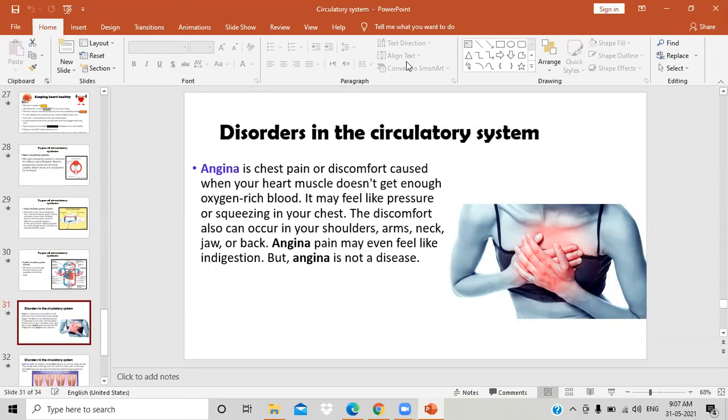People feel like their left arm is a little bit heavier, and it has this kind of pressure or pain which radiates to your jaw and your back. But it's not just a mild pain, it's a very strong pain. So the angina is caused because the muscle of the heart is not getting enough oxygen-rich blood.